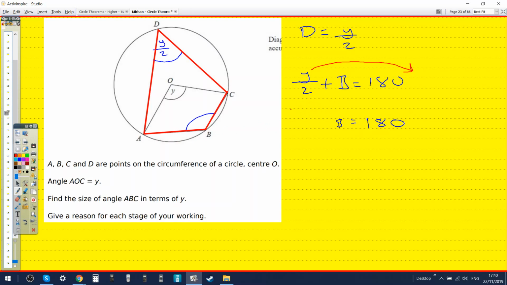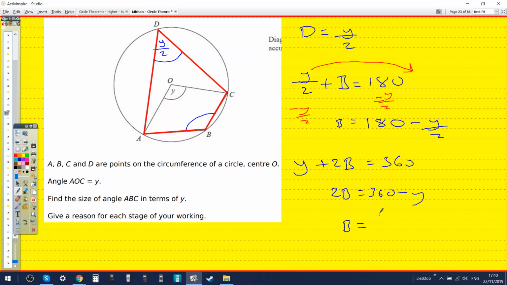Yes. Okay. So you just minus that from both sides. Could we not times 2 on both sides? If you times both sides by 2, you'll get 360, but then you'll get 2B. And so you'd get 2B equals 360 minus Y, and then for B you'd have to half everything, and so you'd get 180 minus Y over 2. So same thing. Okay.